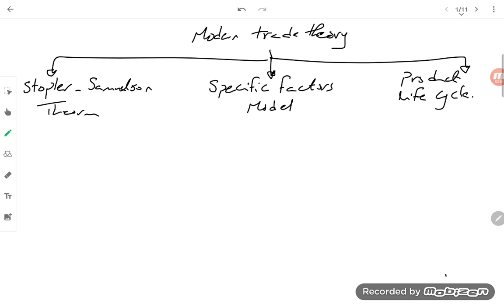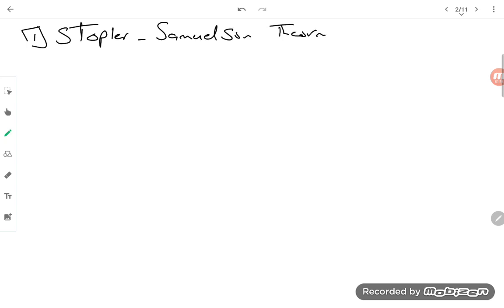Let's start with the first one, which is Stolper-Samuelson theorem. This theorem is derived from Heckscher-Ohlin model.